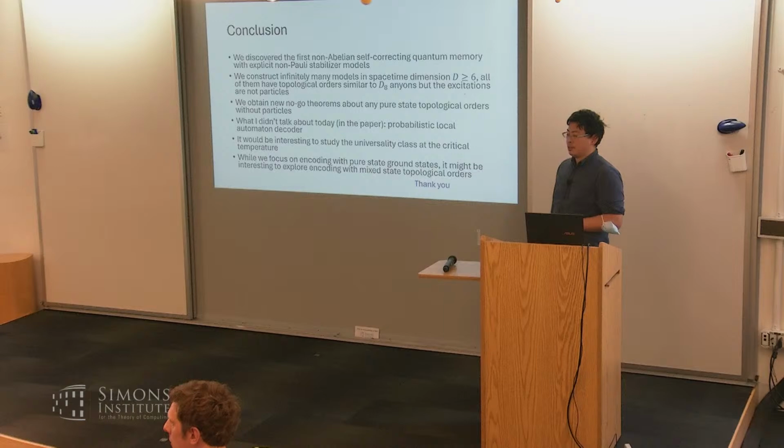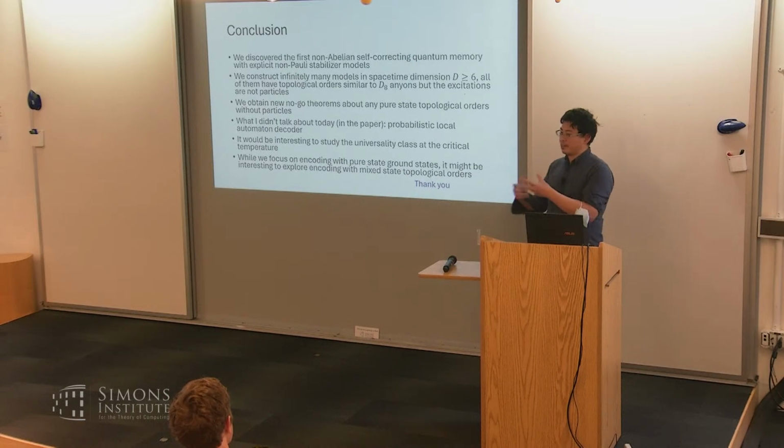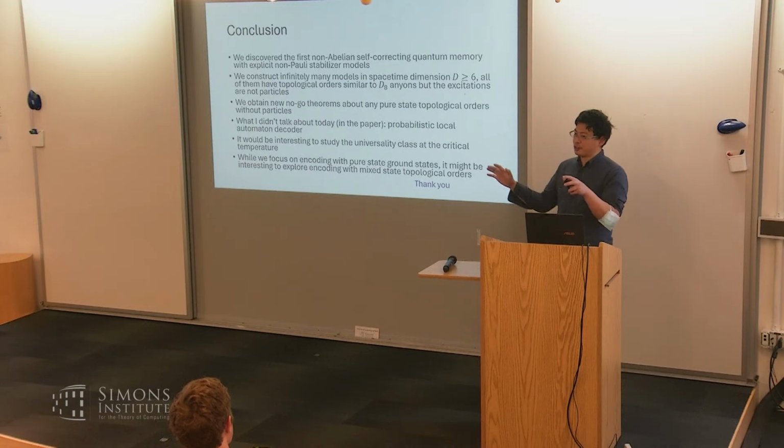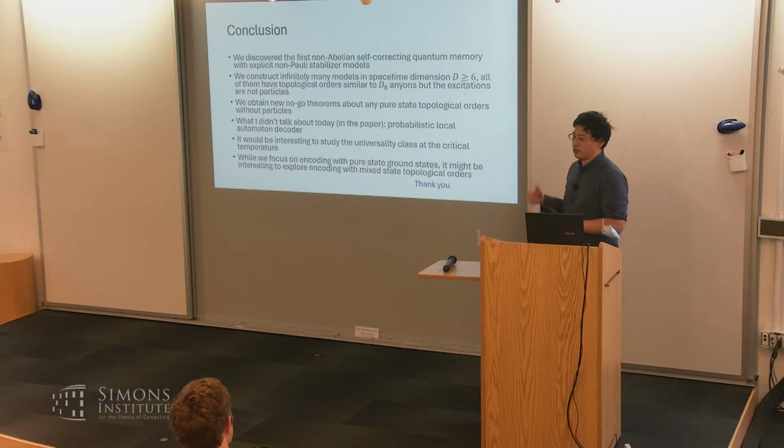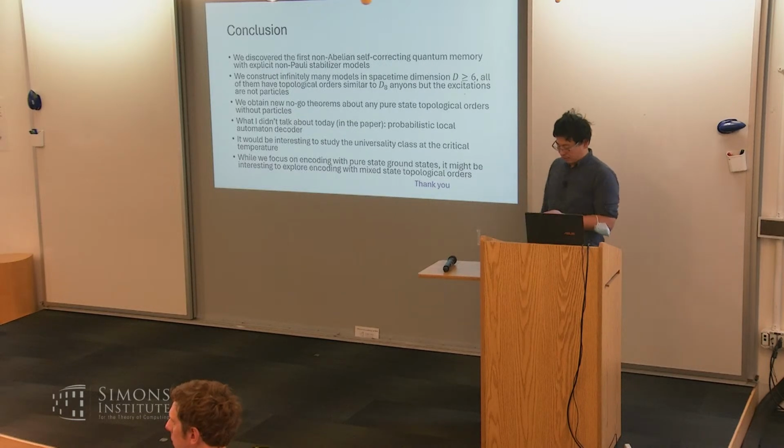Also, let me briefly comment that this kind of braiding constraint also generalizes to fractal order. If you have excitations that only braid in some particular plane, in some directions, you can run the same logic. You just do the same argument in some restricted plane.